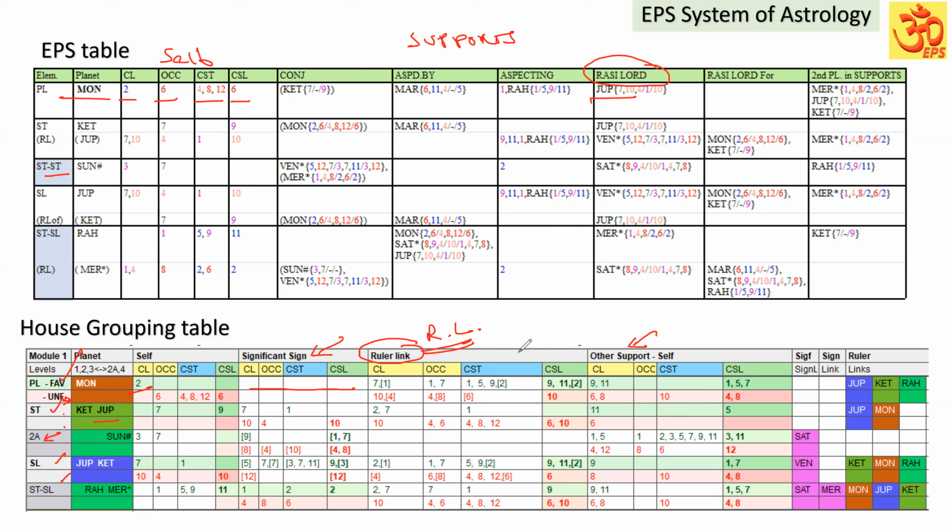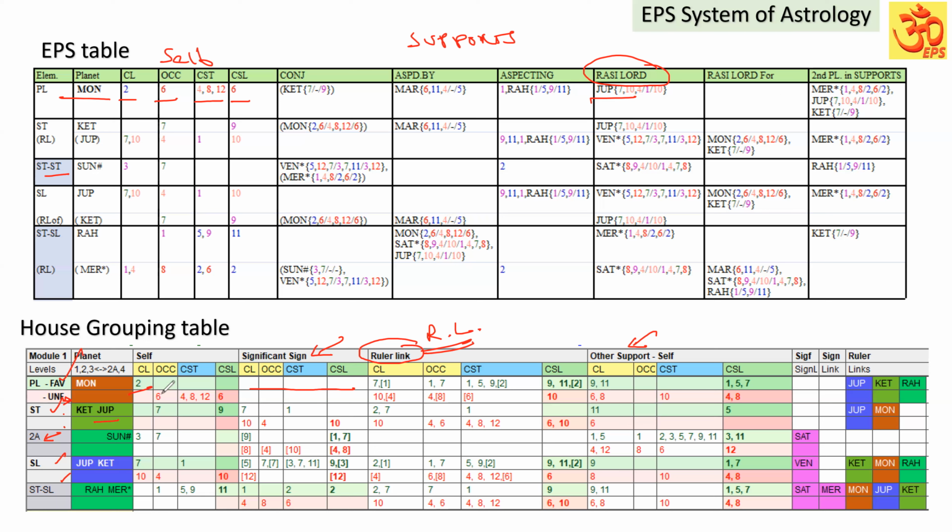Ruler links are nothing but this: if the support planets, the planets that are aspected by, or in conjunction with, a Rasi lord, and the second planets, if they are ruling the other levels, then that planet is considered as a support planet. That is the ruler link planet.